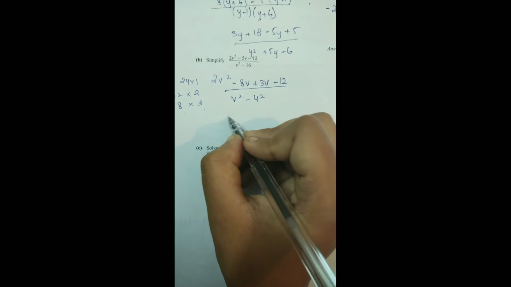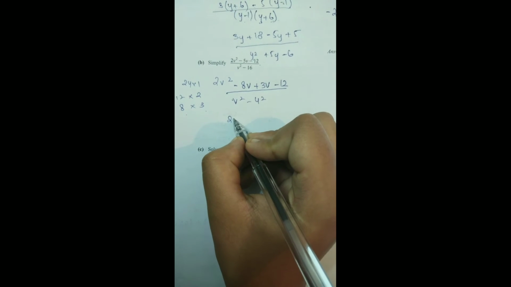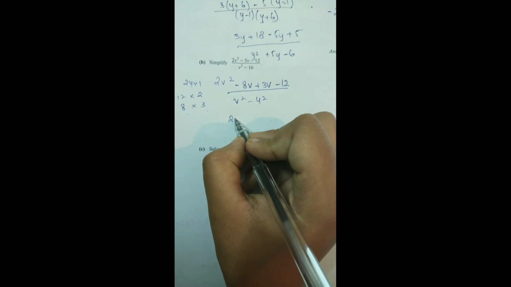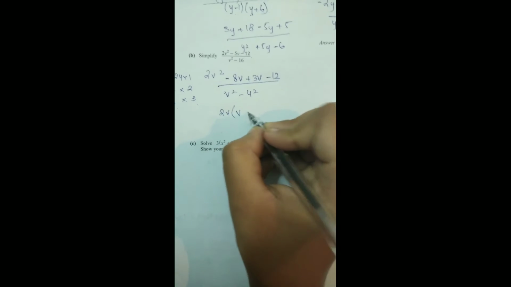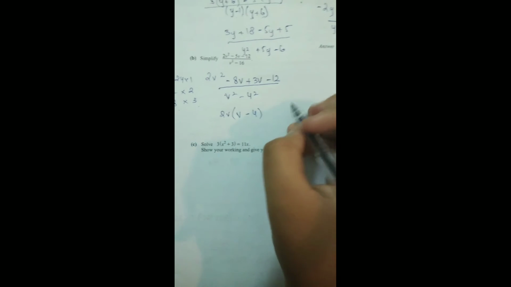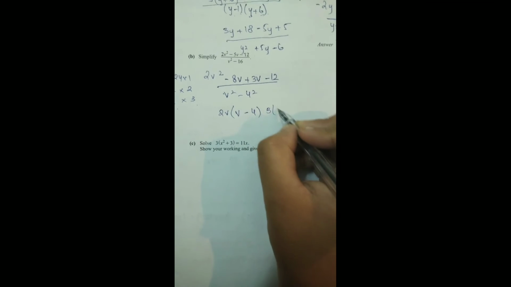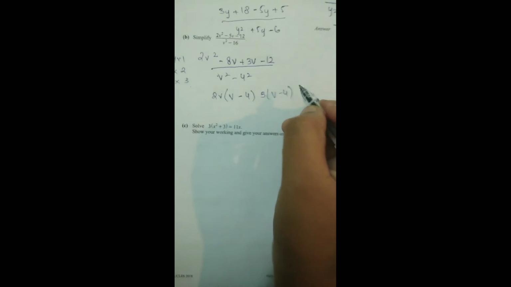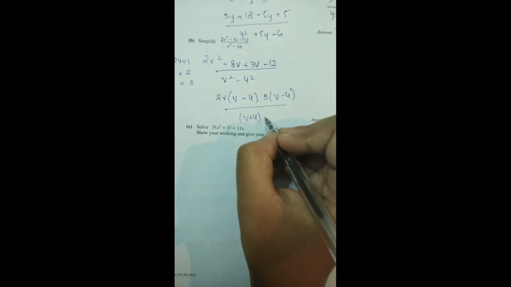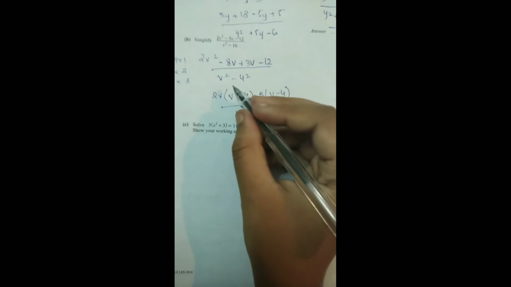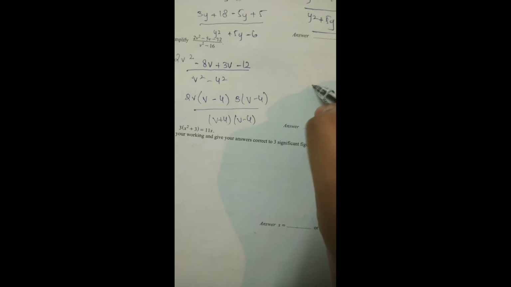Now we will take out 2v as common, and that would be v minus 4, and 3 as common, v minus 4, and here it would be v plus 4 into v minus 4, that is a square minus b square. The formula is equal to a plus b, a minus b.